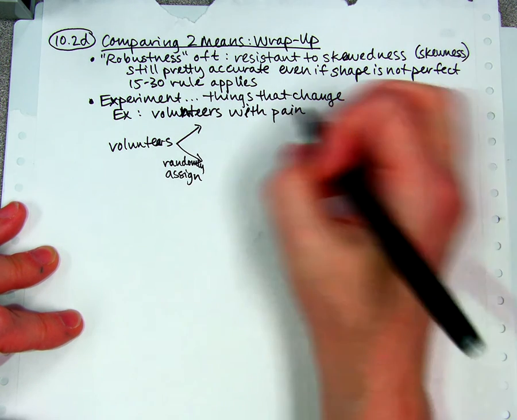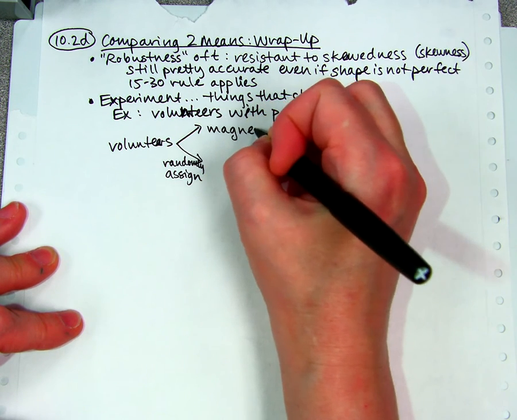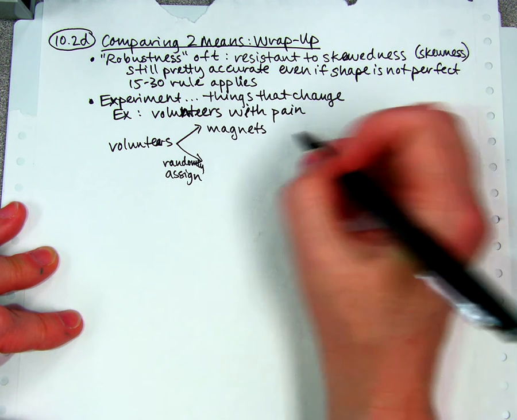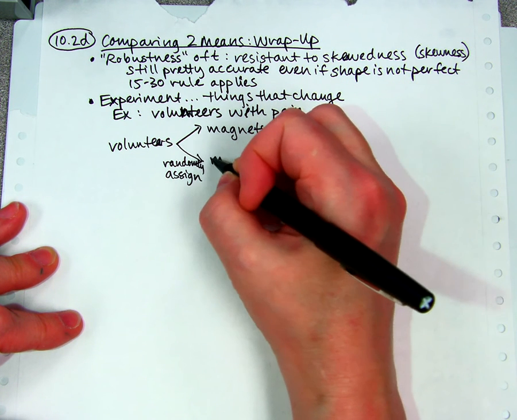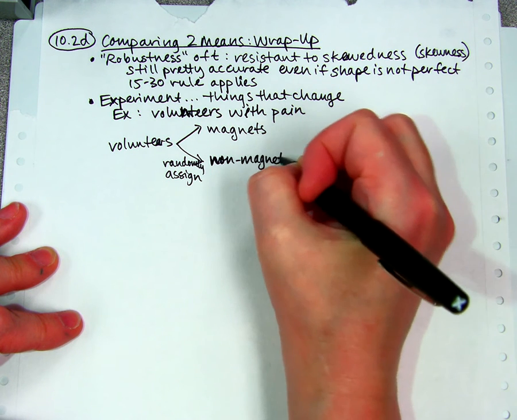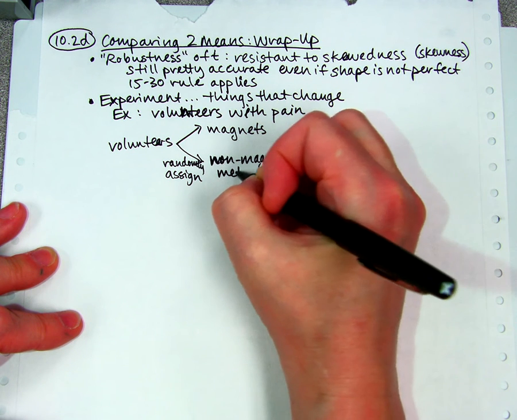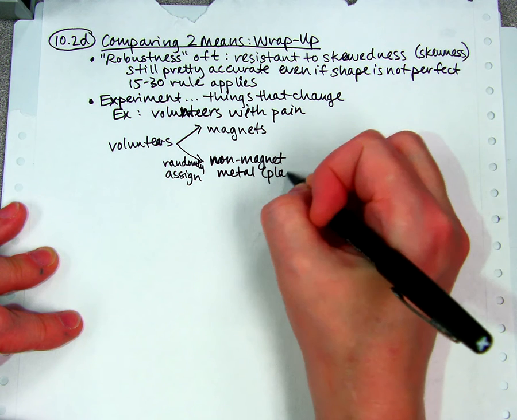And the first group gets magnets because magnets are theoretically supposed to help with pain. And the second group gets non-magnets. They get a placebo that feels like a magnet. So they get a piece of metal that they're not told is not a magnet, and that's their placebo.